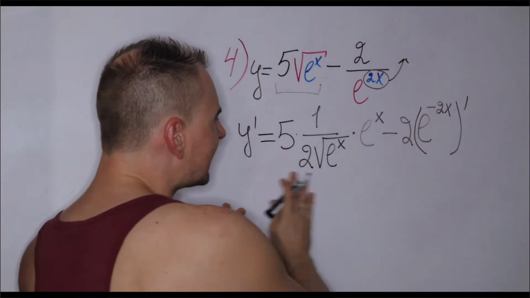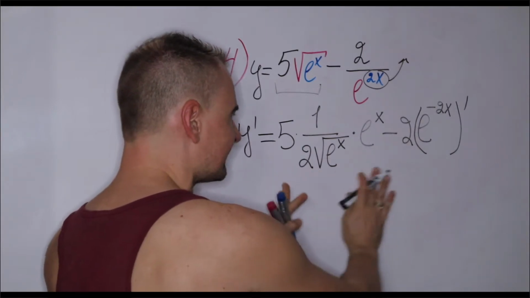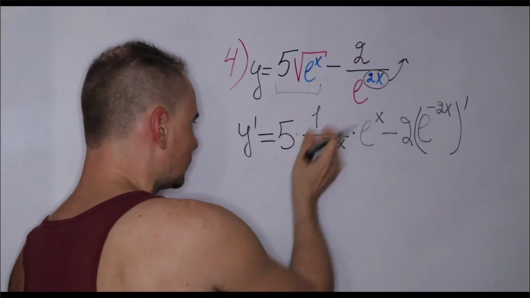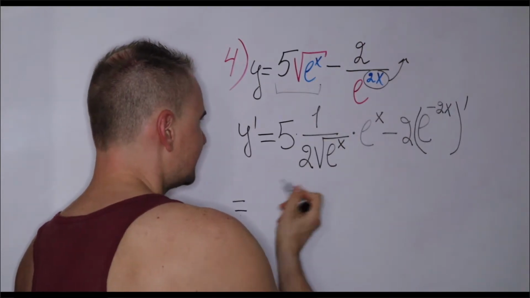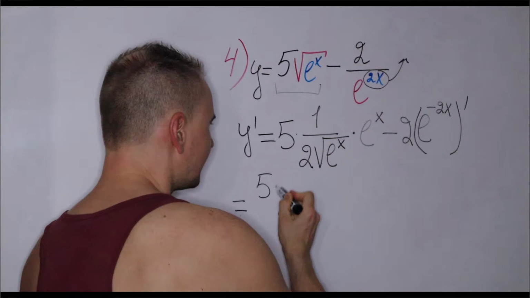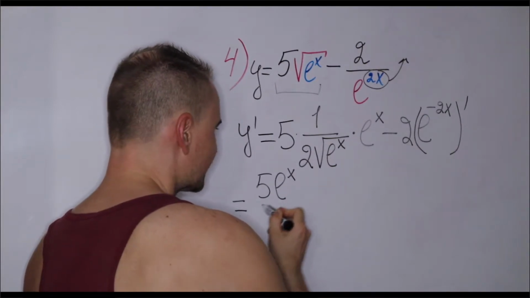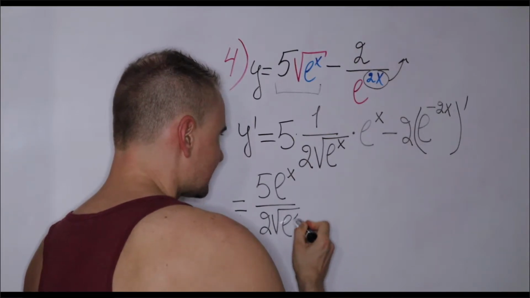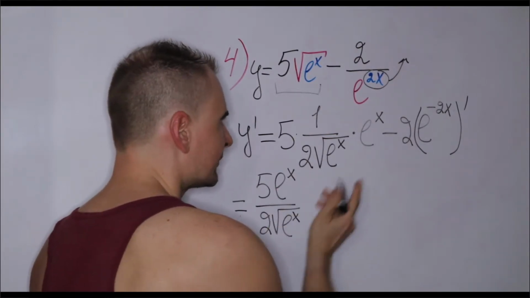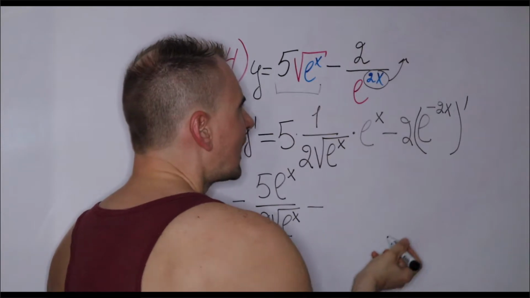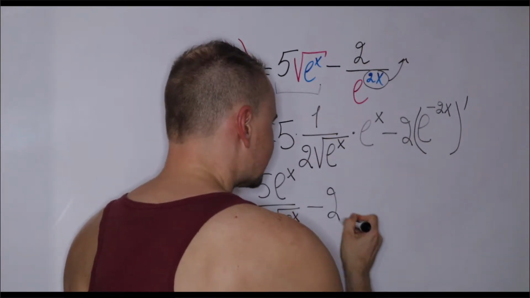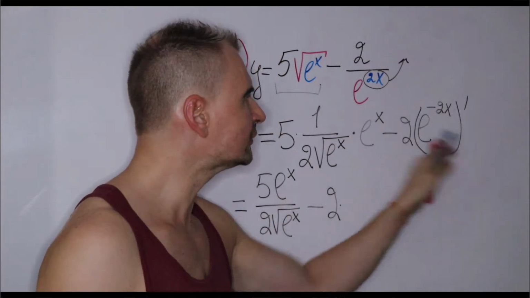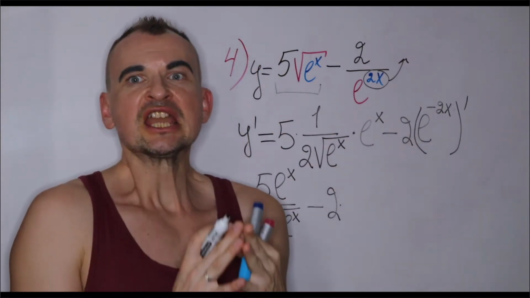So I'm going to clean up the first chunk a little bit since we're done with this one. So I'm going to place 5 and e to the x on top. So your derivative becomes 5 e to the x over 2 root of e to the x, that's from the first term, minus, you want to keep this 2, and again, at this point, you have to apply the chain rule.